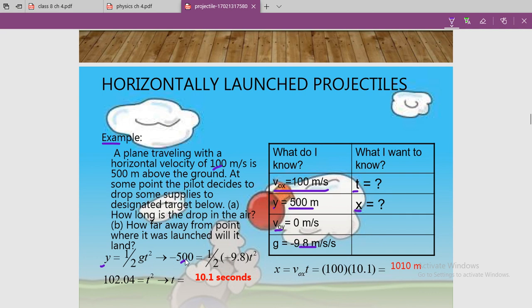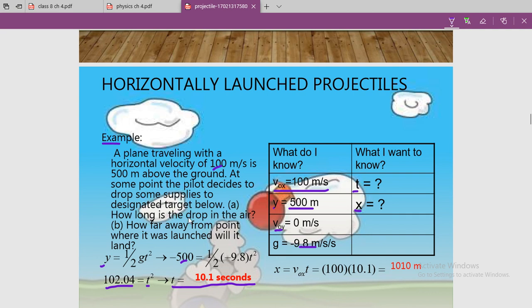So 500 is equal to 1 by 2 into 9.8 into t squared, and after solving this equation you will get t squared equal to 1000 upon 9.8, which is 102.04. So after solving, t will be 10.1 seconds.